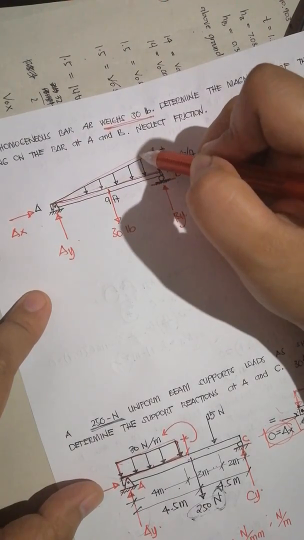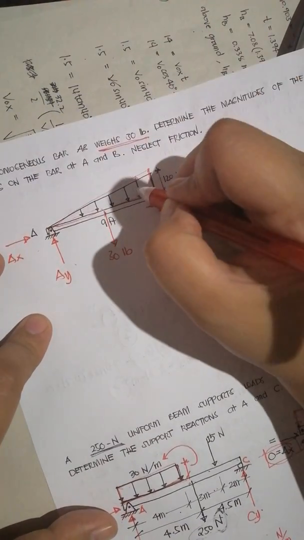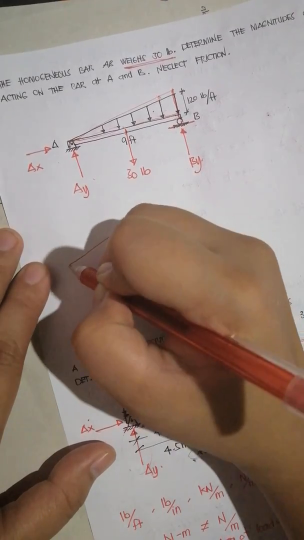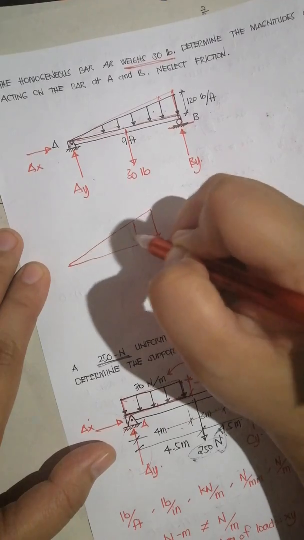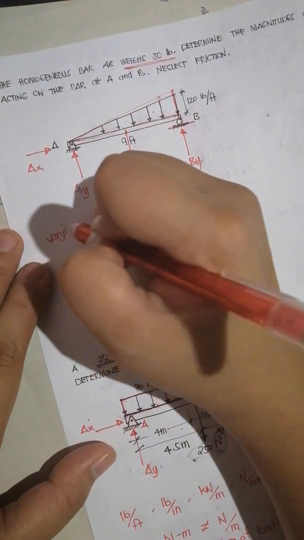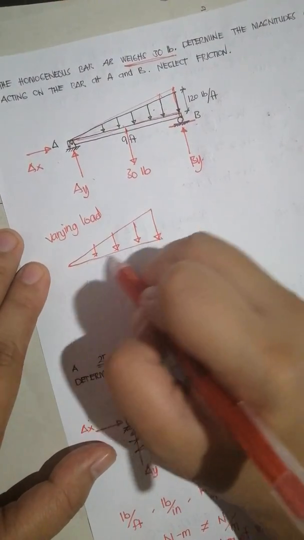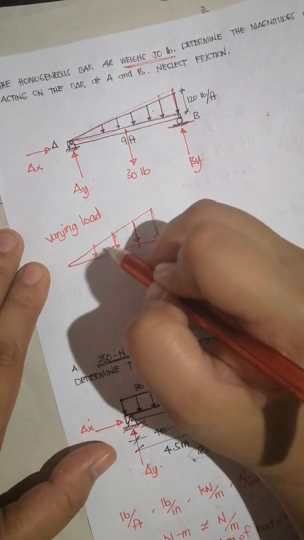So how do we convert this? We have to convert this into a concentrated load. This is what you call a varying load, meaning along the length, the intensities of the forces vary.